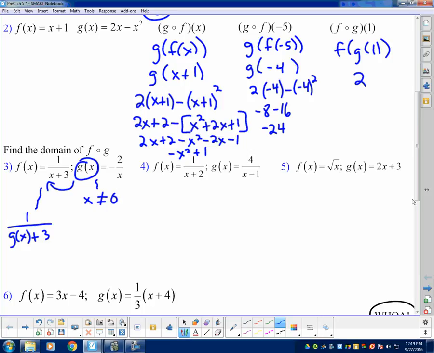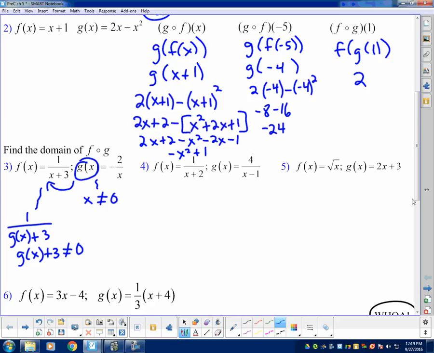Now, treating g of x just like its own variable, what must be true about the bottom of that outer function? Before I even make that statement, I'm going to say g of x plus 3 cannot equal 0. So that's my first statement, that the whole bottom of that outer function cannot equal 0.